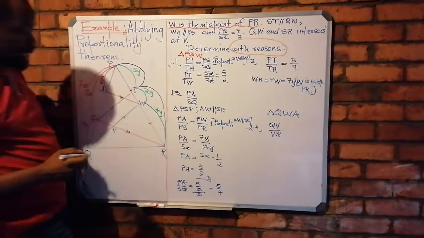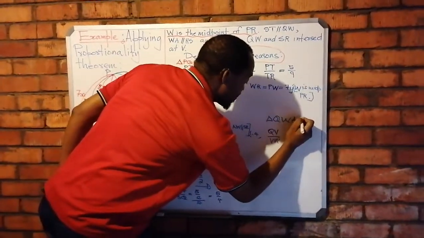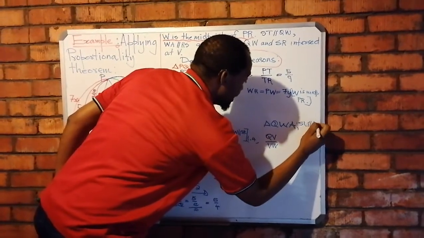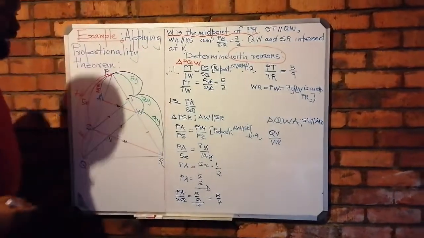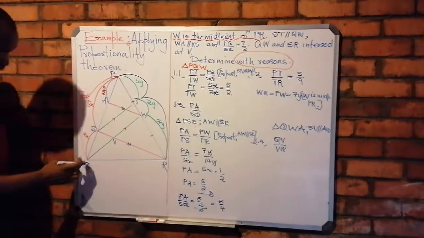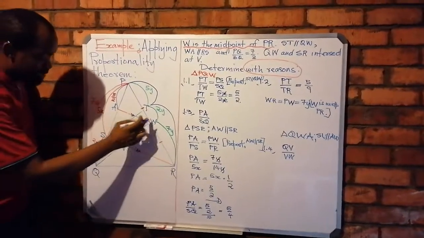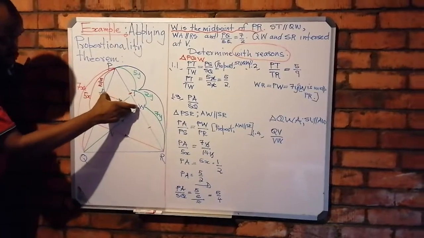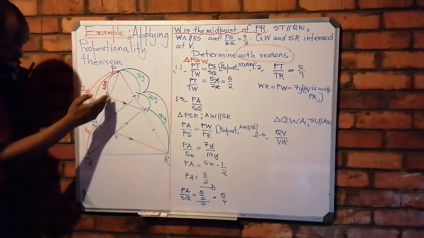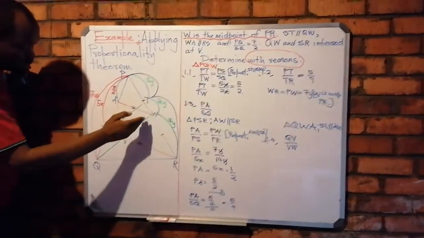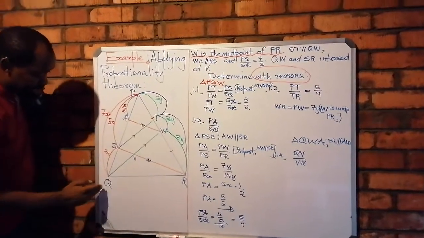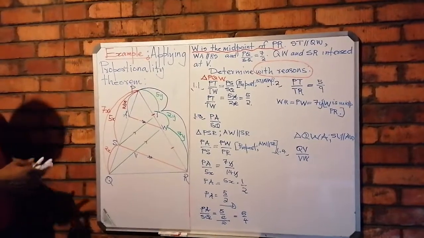What is happening there? SV is parallel to AW. SV is parallel to AW. Proportionality theorem is going to apply. QV divided by VW. A line drawn parallel to one side of the triangle divides the other two sides in the same proportion, meaning that now this side is in the same proportion as that one.